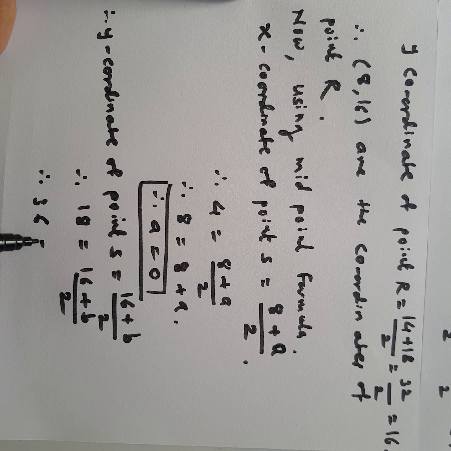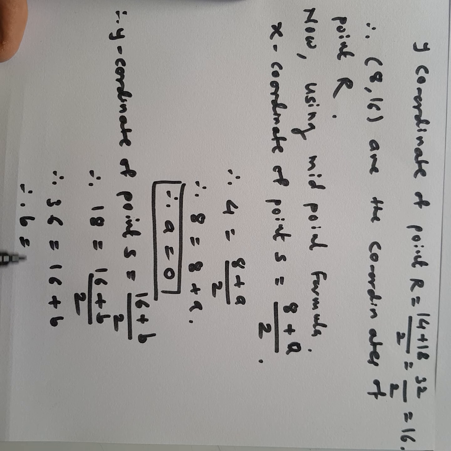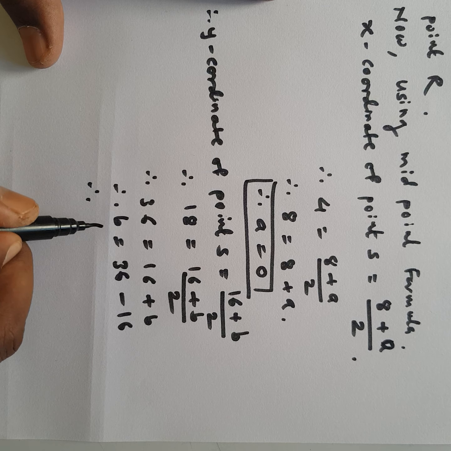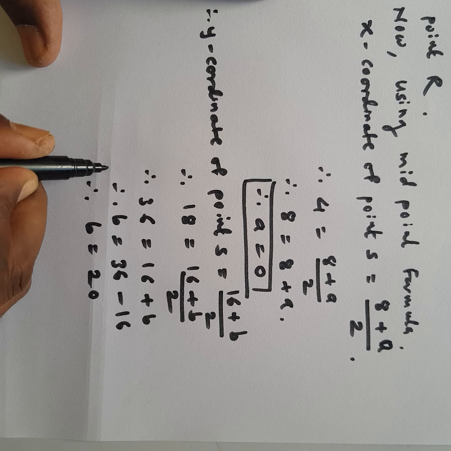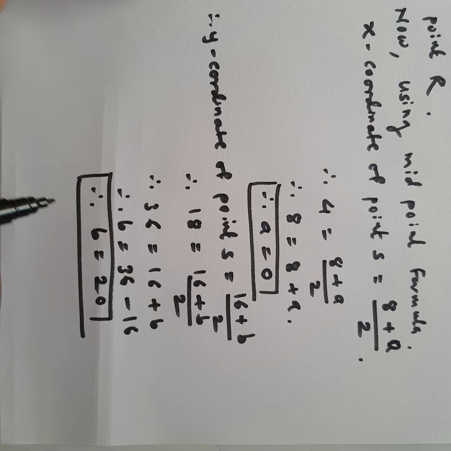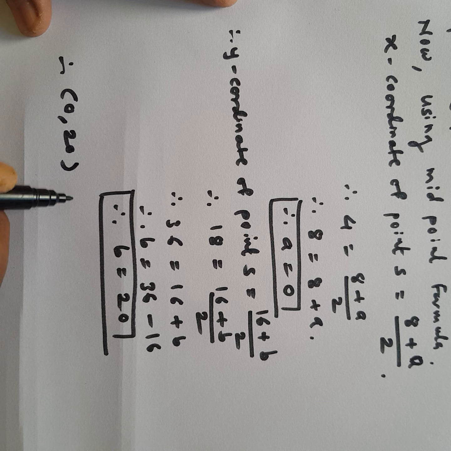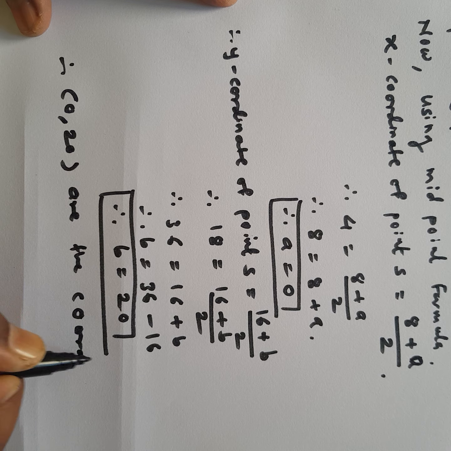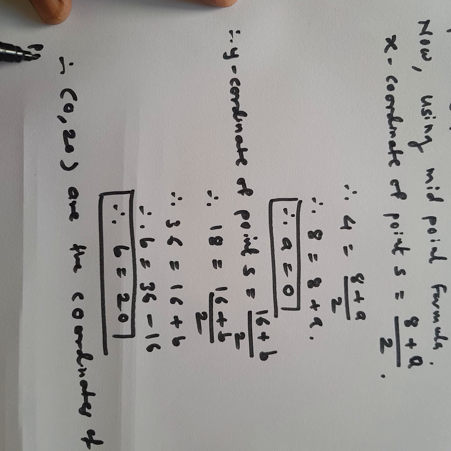Therefore 36 is equal to 16 plus B. Therefore B is equal to 36 minus 16. Therefore B is equal to 20. Therefore 0, 20 are the coordinates of point B.